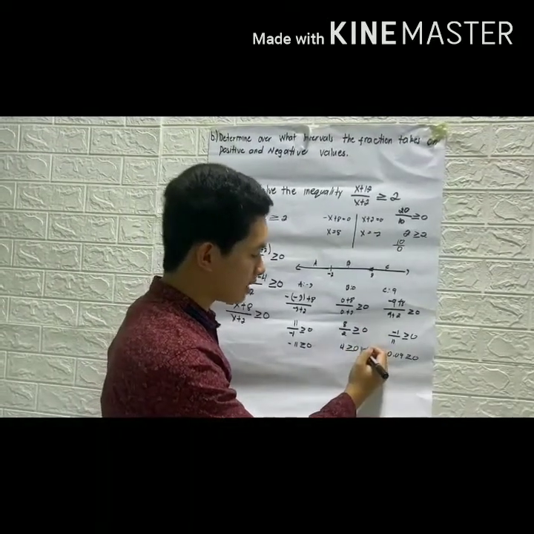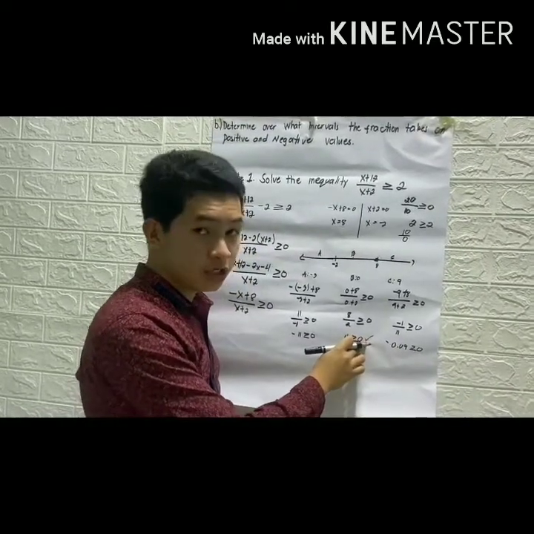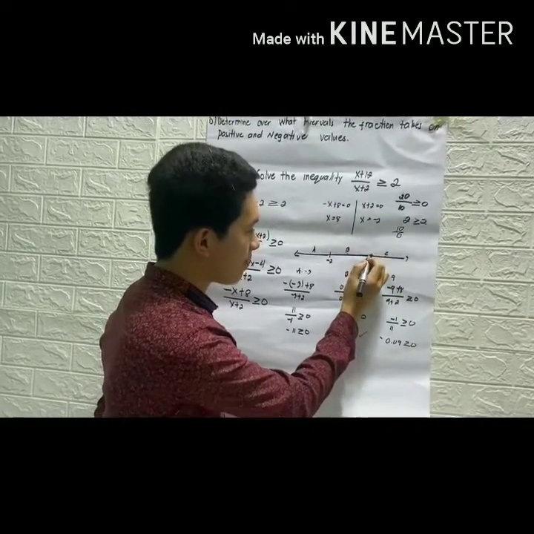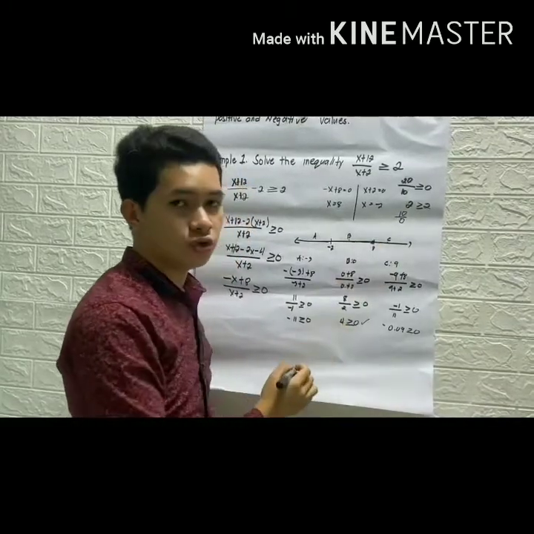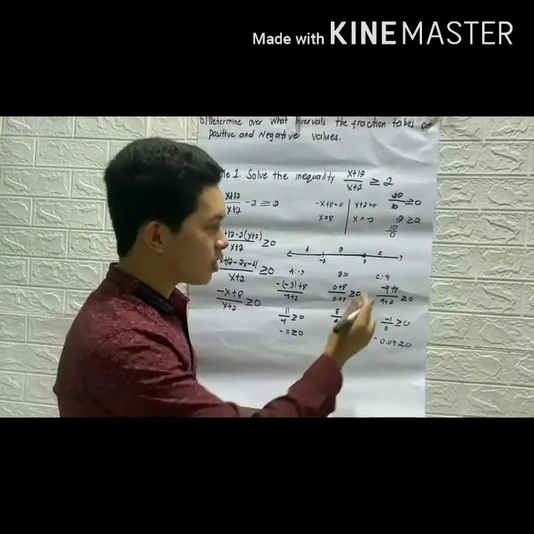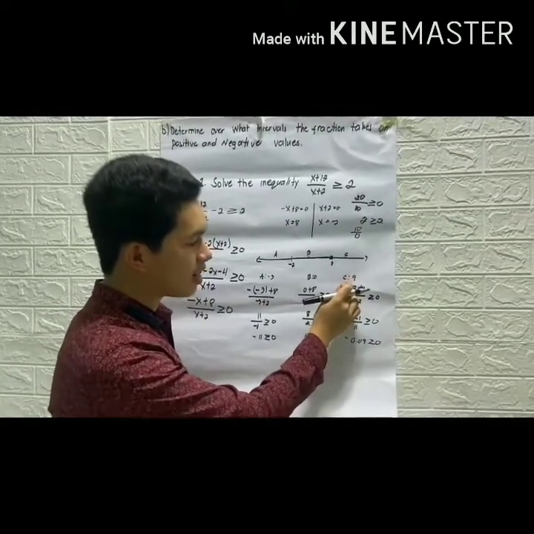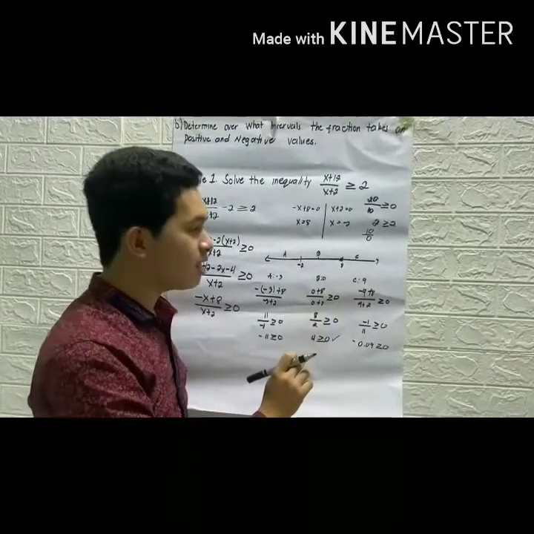So, kasali ito sa solution set natin. So, lagyan natin yan ng line para ma-identify na kasali ito sa solution set natin. So, dito naman sa interval C. Ang interval C natin, ang kinuha natin na test point is 9 kasi yun ang mas malapit kay 8.